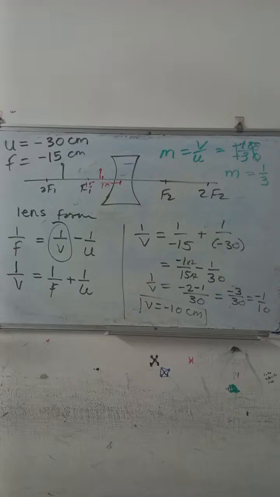When the object is at infinite distance, behind the center, on the center, in between center and focus, or in between pole and focus. For all these different positions of the object, the image we get is always erect and diminished. In which case do we get erect and diminished? This is very important.